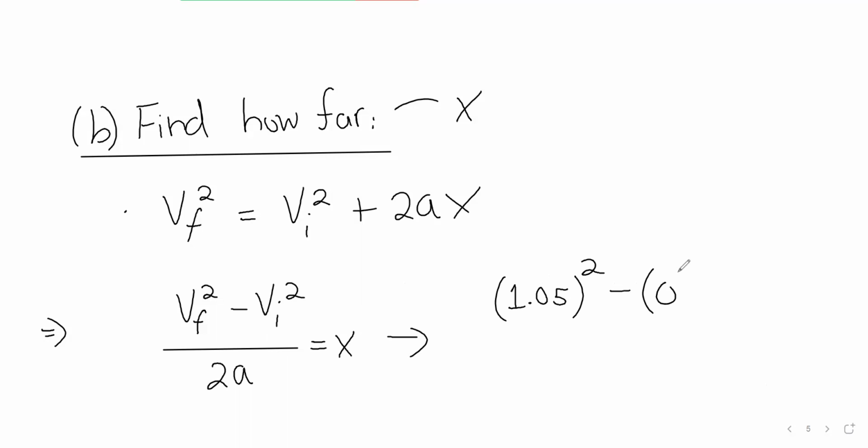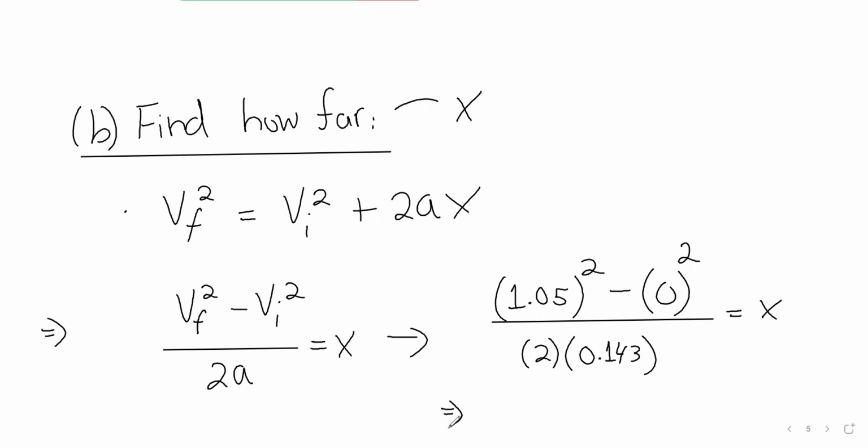They said it started from rest. So V initial 0, divided by 2, and then our previously found acceleration. Once you type that into the calculator, you get about 1.10 divided by 0.286. So finally, we get a distance of 3.85 meters.